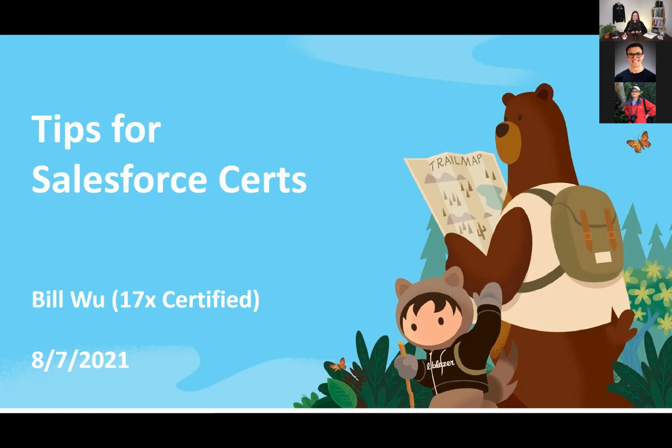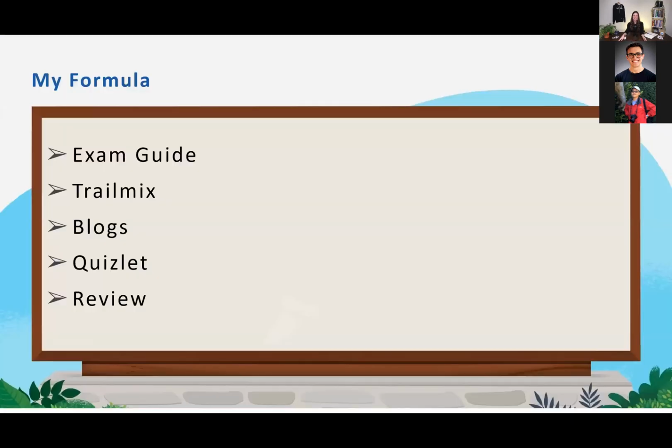So I've done quite a few exams, and I have a kind of formula to share with you. I think a lot of points Amber has already mentioned earlier, but I'll make some emphasis on those points. I usually do a 5-step process for each exam.